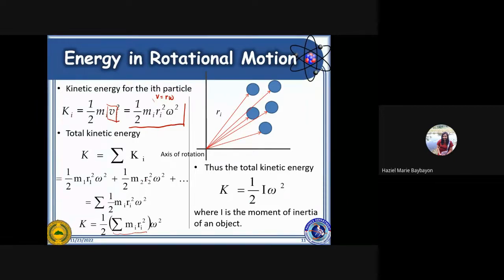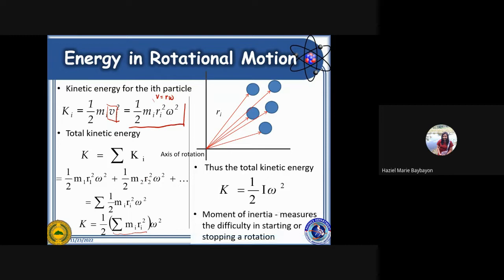I is equal to the summation of m sub i r sub i squared. So it is the moment of inertia of an object. So the greater the moment of inertia, the more difficult it is for the object to start a rotation or to be stopped from rotation.